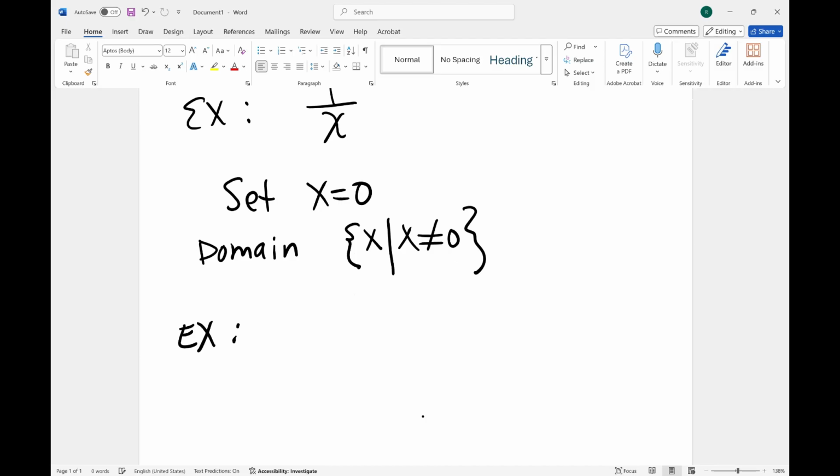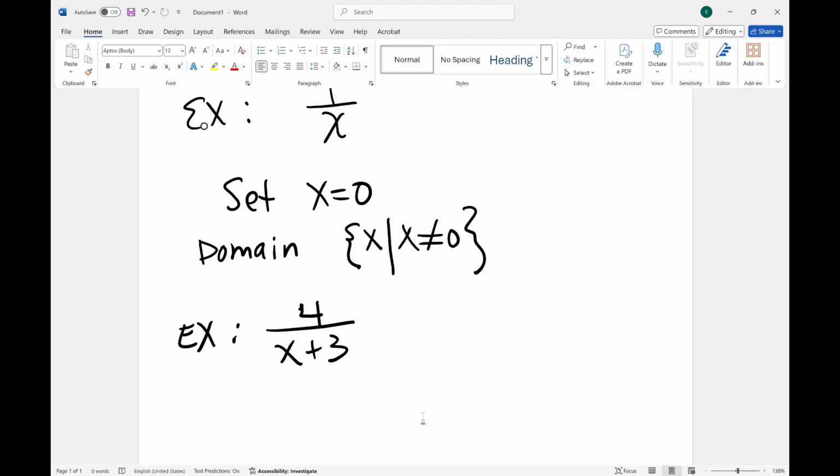Let me give you another example. What if my rational expression was 4 over x plus 3? When would this expression be undefined? In other words, what would x have to be such that the denominator would be equal to 0?